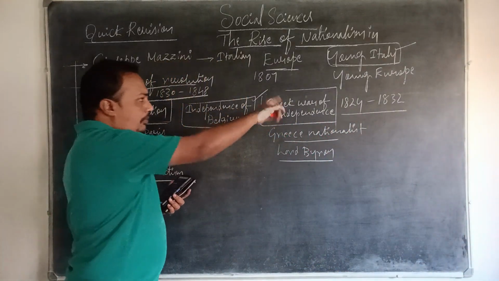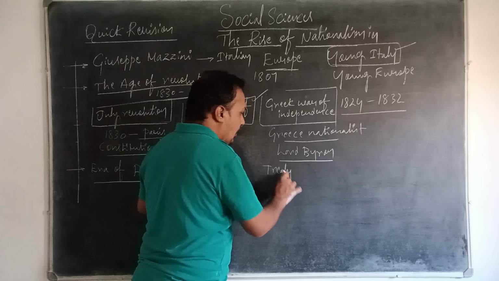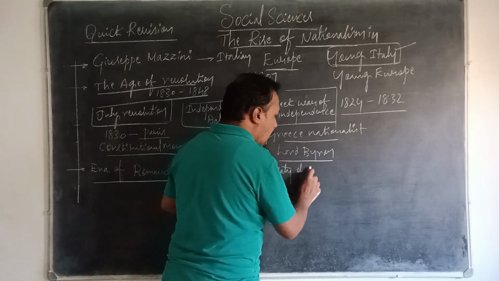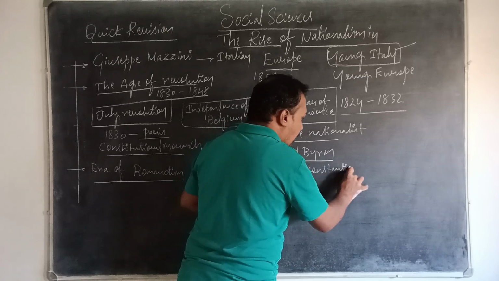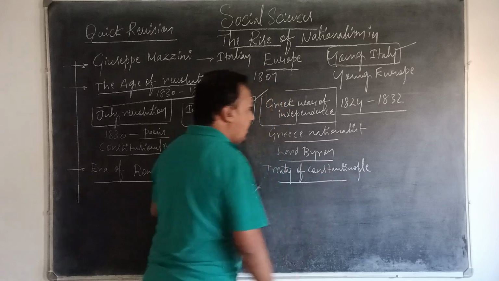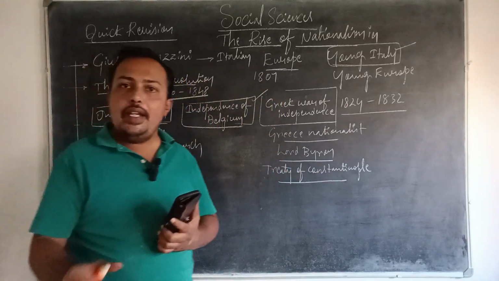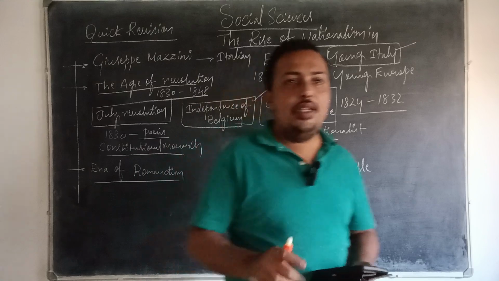In 1832, a treaty was signed. Which was the treaty? The Treaty of Constantinople was signed. The Treaty of Constantinople is very important.